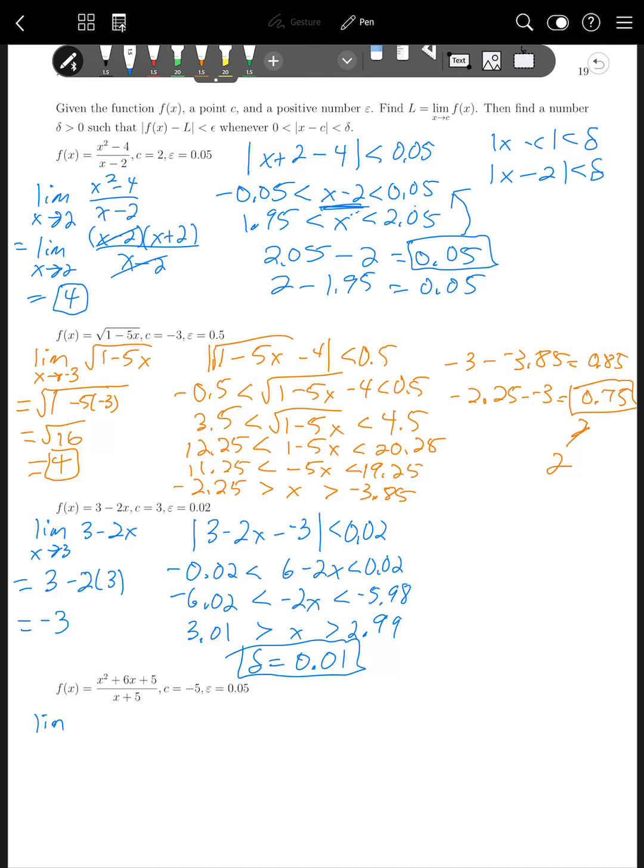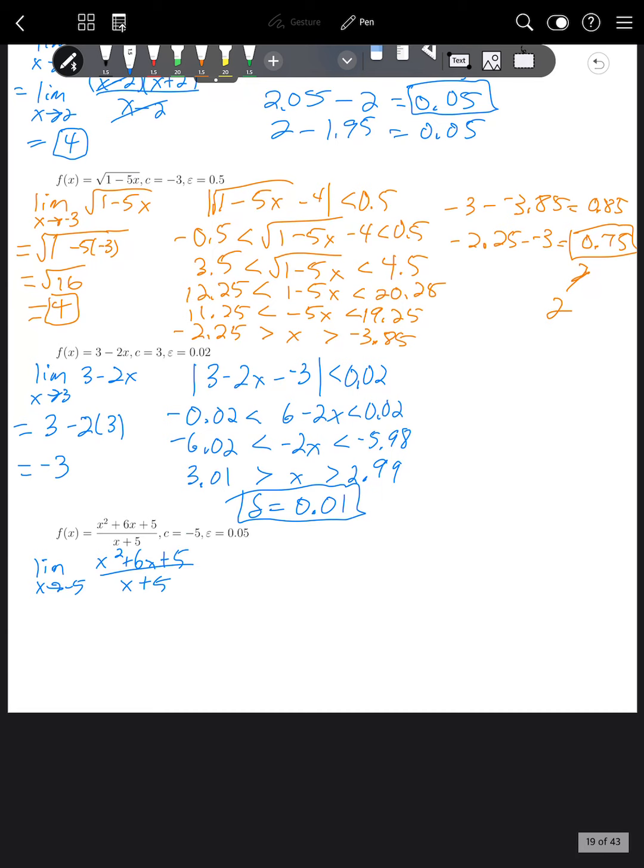So the limit as x approaches negative 5, so that's x squared plus 6. In this case, I'll go ahead and write it like this. We need to factor, so 2 numbers that multiply to get 5 and add to get 6 are x plus 1 and x plus 5.